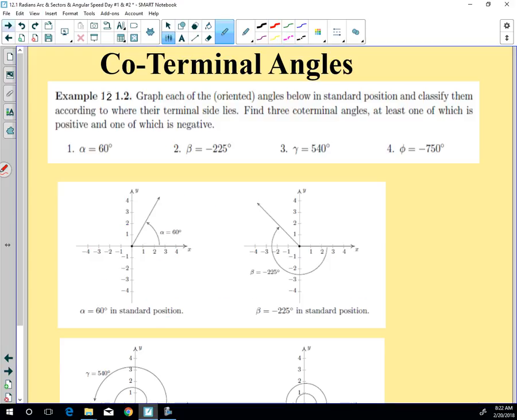Let's go to these right here. You try. We did this already. This is the same as negative 300, and then see if you can find it for these three. Go.